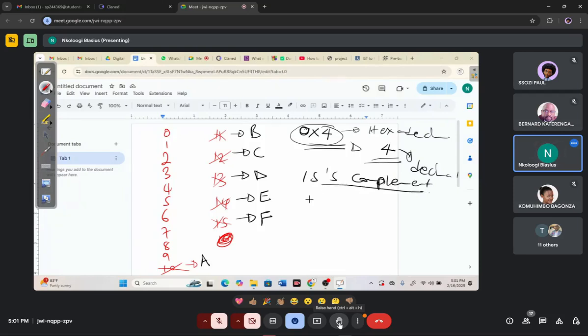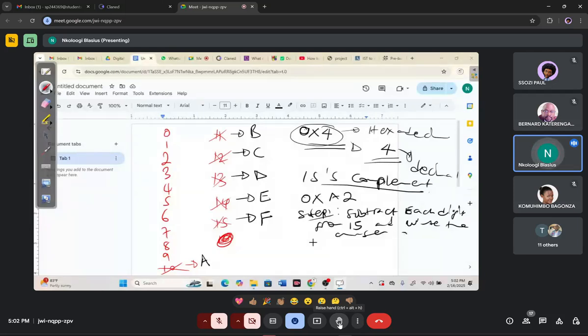If I need maybe a 15's complement of this number, I'll subtract, which is step 1, each digit from 15 and write the answer. Yeah, that would be the only step.